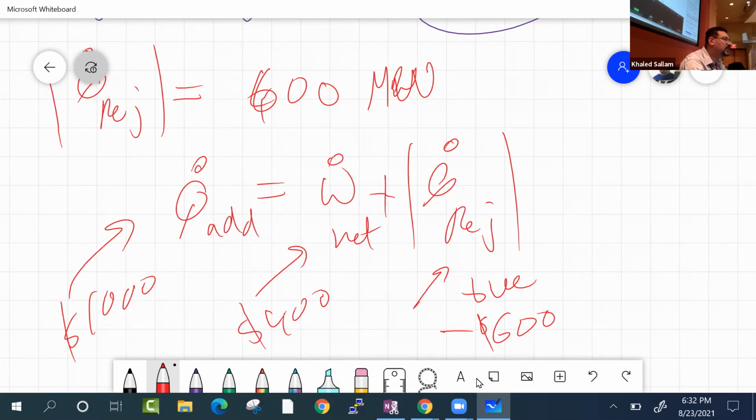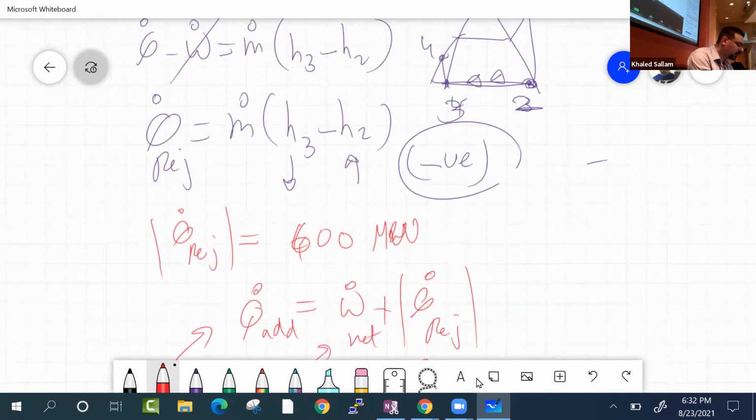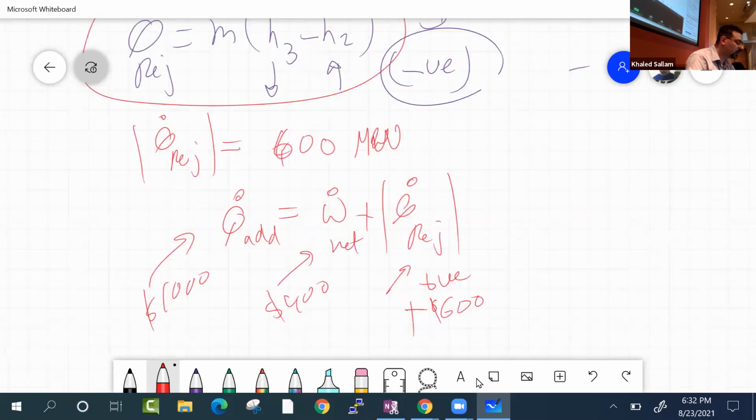In that context, this Q rejected has to be plus because it's the absolute Q rejected. Here is the income coming from the boiler, and we go to two places. Boiler energy is spent in two things: useful work and Q rejected, right? But the point to remember is that Q in the condenser is still m dot (H minus H).